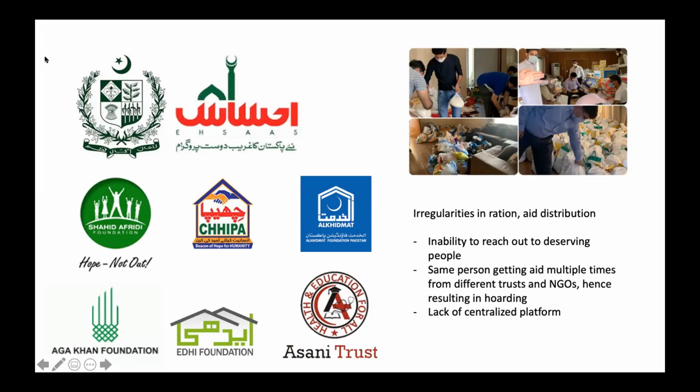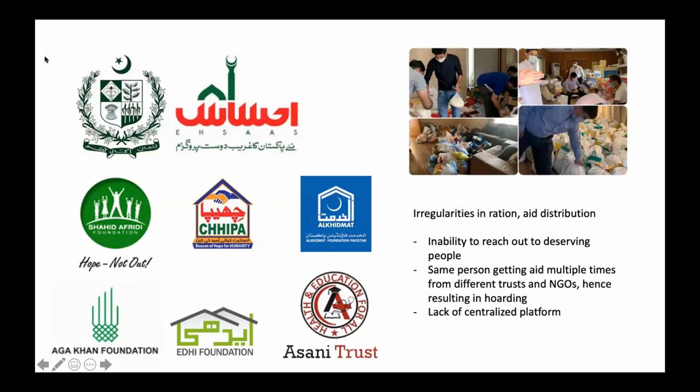Even if it's not the same person, it's the same family: one sibling is getting the ration for the whole month from one NGO, and another sibling is getting it from another NGO. These were the problems, because there is no centralized platform in Pakistan. There is nothing like that. Every NGO operates in its own space, so most of the time they're completely unaware of what's going on with some other NGO.